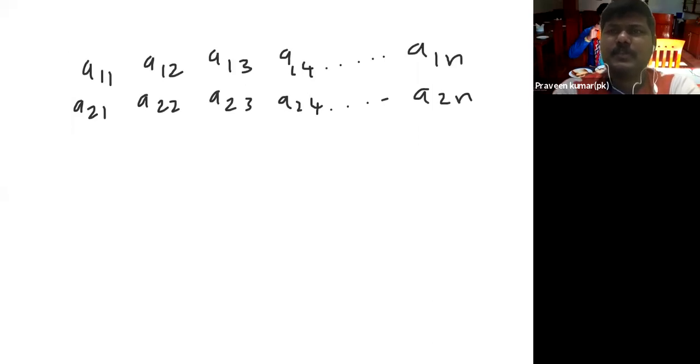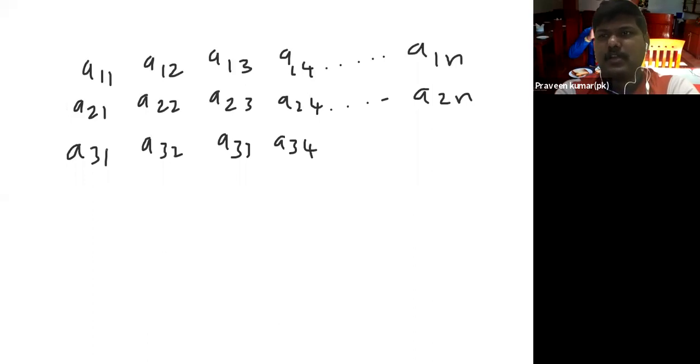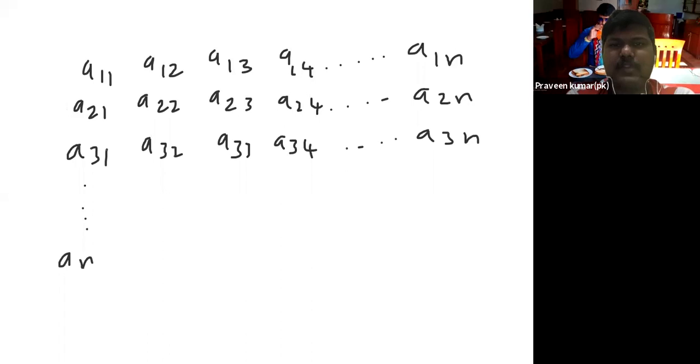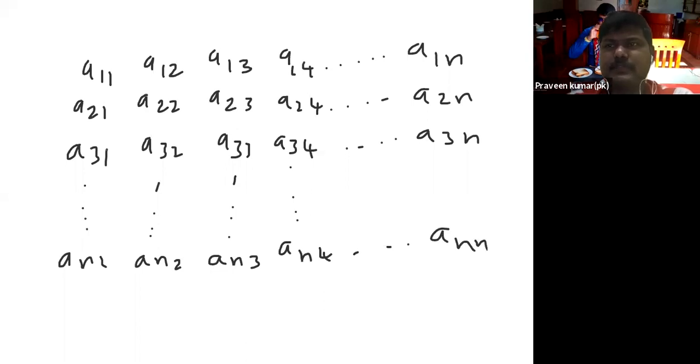Next A31, A32, A33, A34 and so on, A3n and so on, AN1, AN2, AN3, AN4 and so on, ANN. This is the representation of a real matrix.